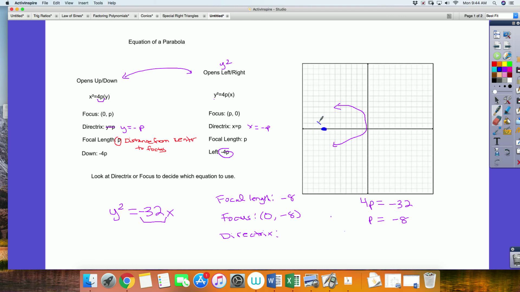So there is my focus. Then remember the directrix in this case is going to be x equals negative p. So since it's already a negative, that becomes a positive. So we go 1, 2, 3, 4, 5, 6, 7, 8. And there's my directrix, and the directrix is a line.